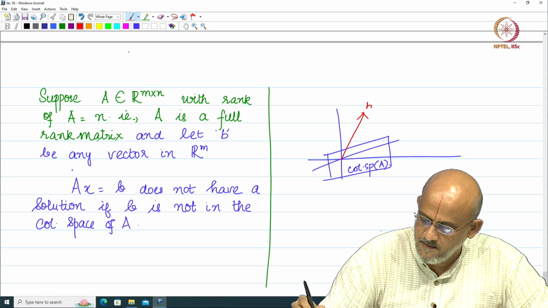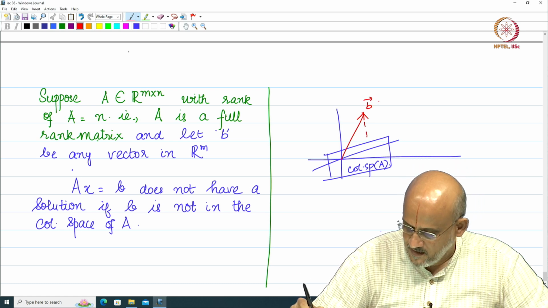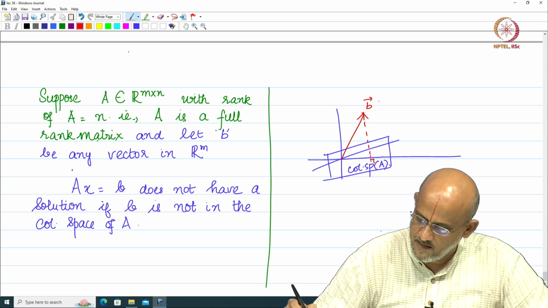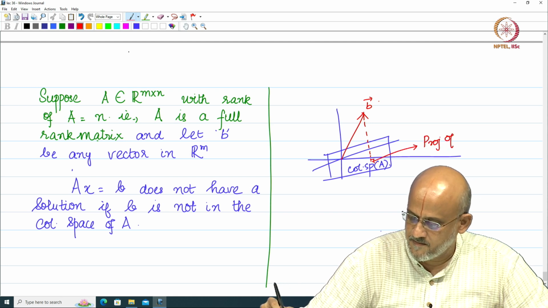So, this is my B vector. Now, what do I do? I project this onto the column space of A. This is basically the projection of B onto the column space of A.